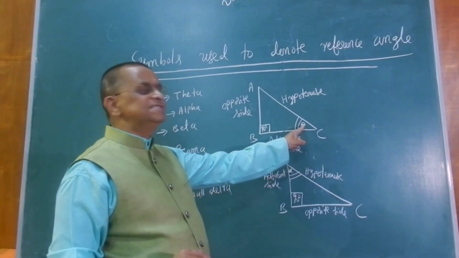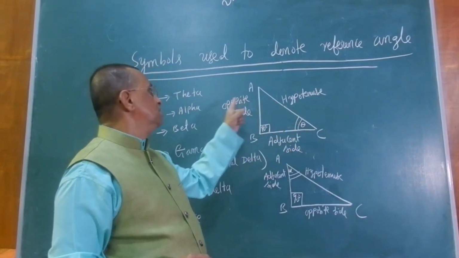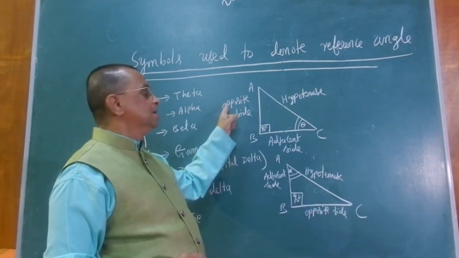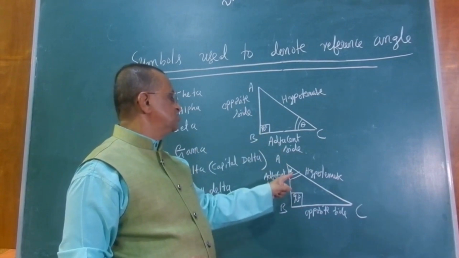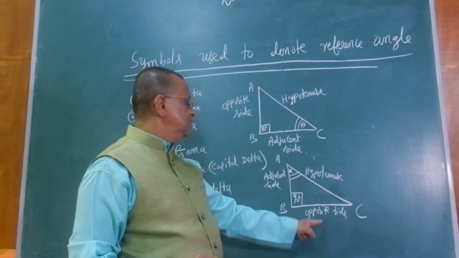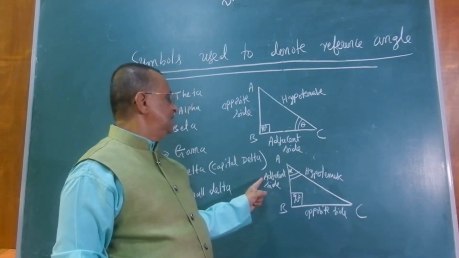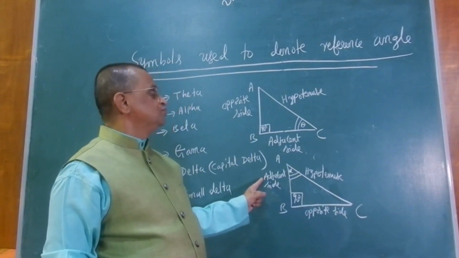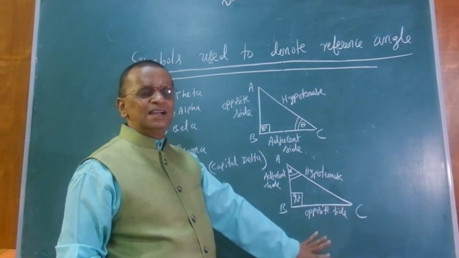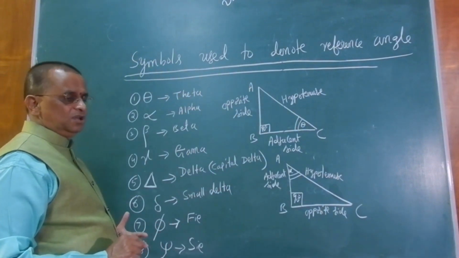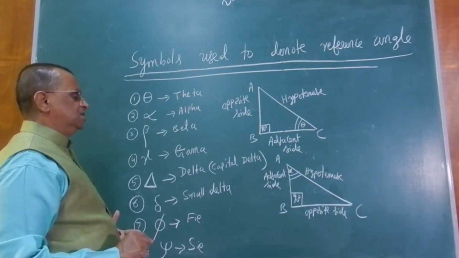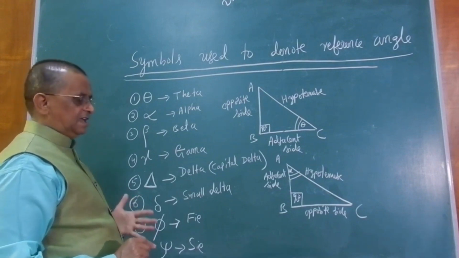If you take this one as a reference angle, then the side opposite to it becomes opposite side and the other one is adjacent side. If you take this one as a reference angle, then this becomes opposite side and the other side becomes adjacent side. So these are the sides of a right angle triangle, and these are the symbols we make use of in trigonometry more often for reference angle.